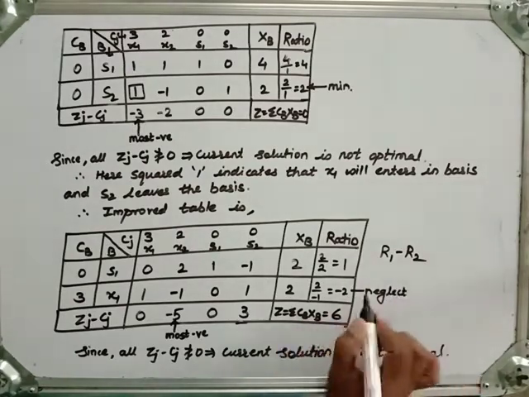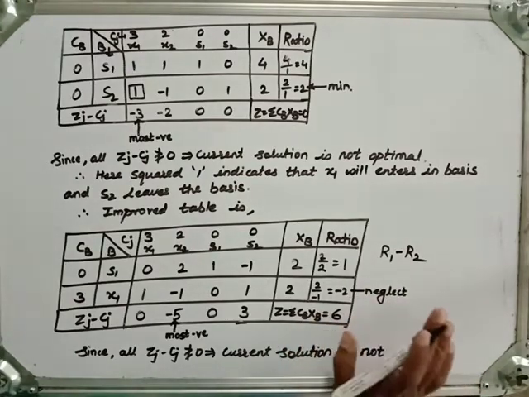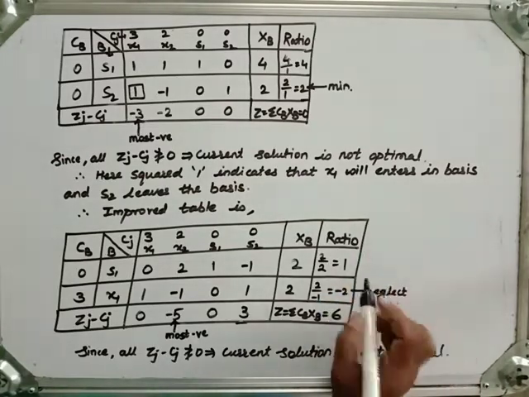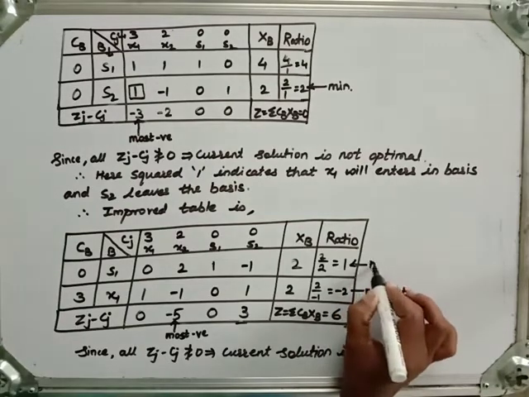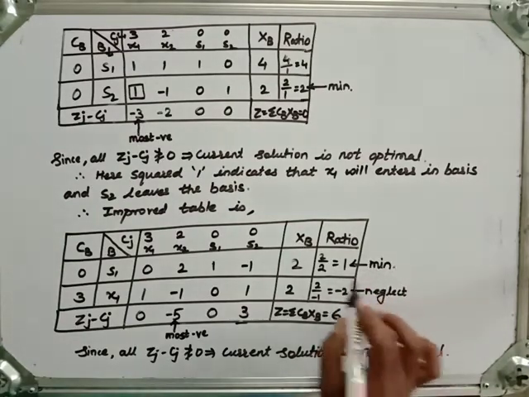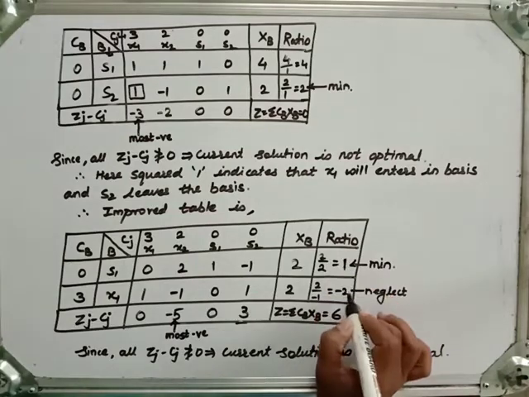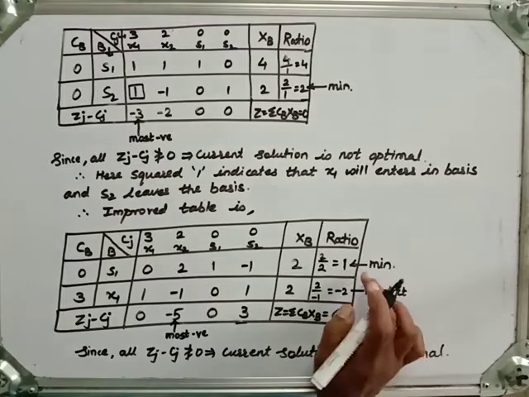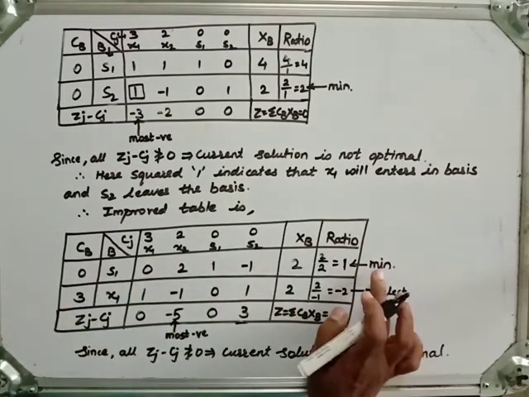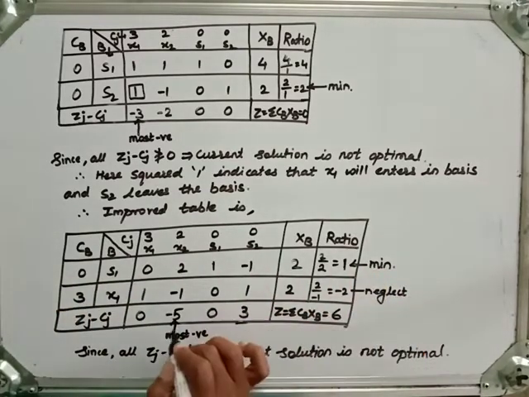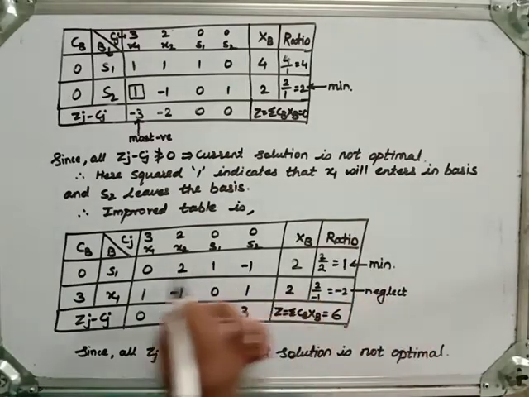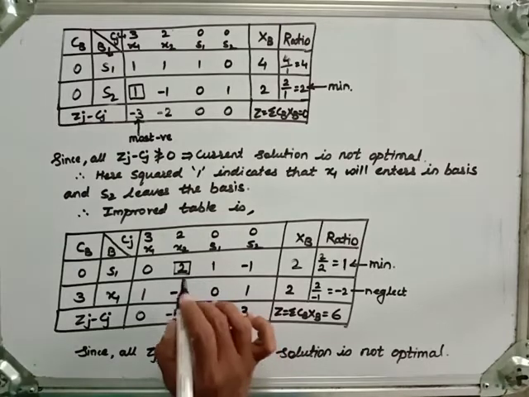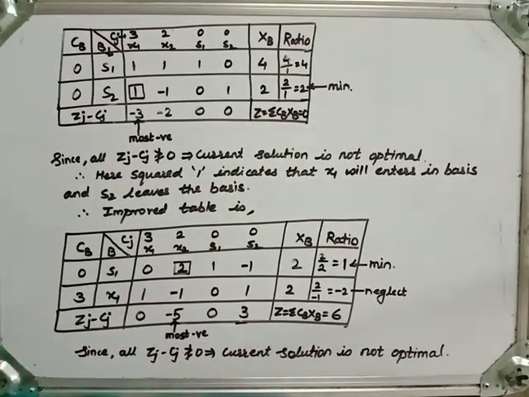We have to check only positive ratio and minimum positive ratio. So here now this 1 is our minimum, and this minus 2 we will neglect. Now it represents that this first row is our pivot row. So this second column is a pivot column, first row is a pivot row, so intersection is nothing but this 2. So this 2 is our pivot element.